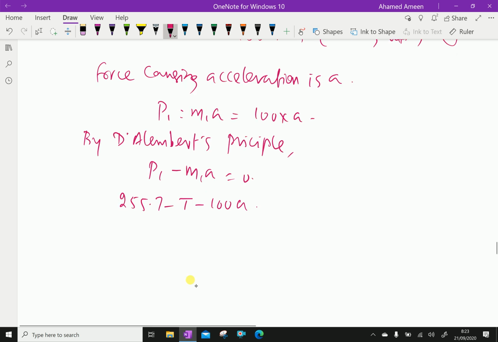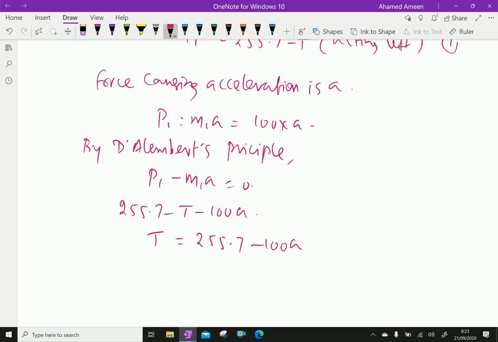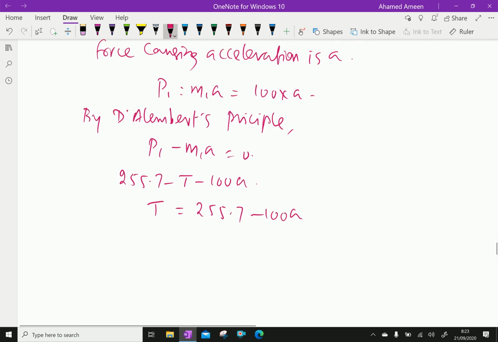From this we can write the tension in the thread as 255.7 minus 100a. Let it be equation 2.